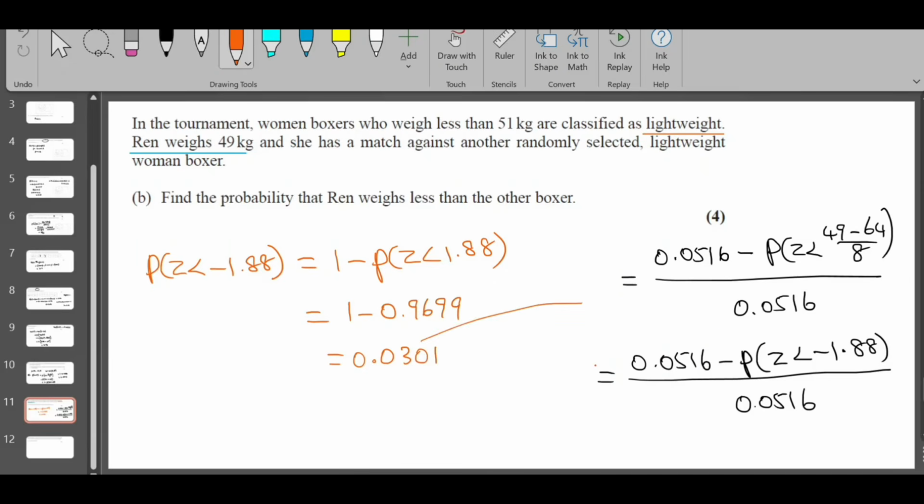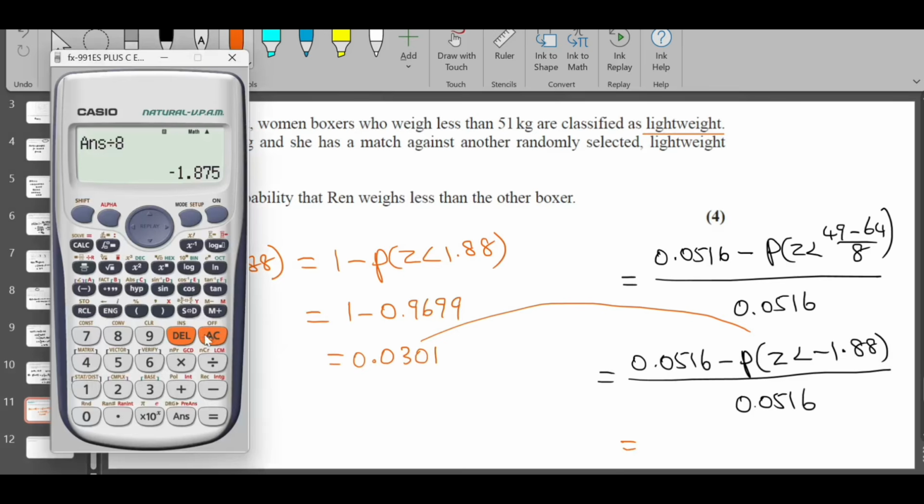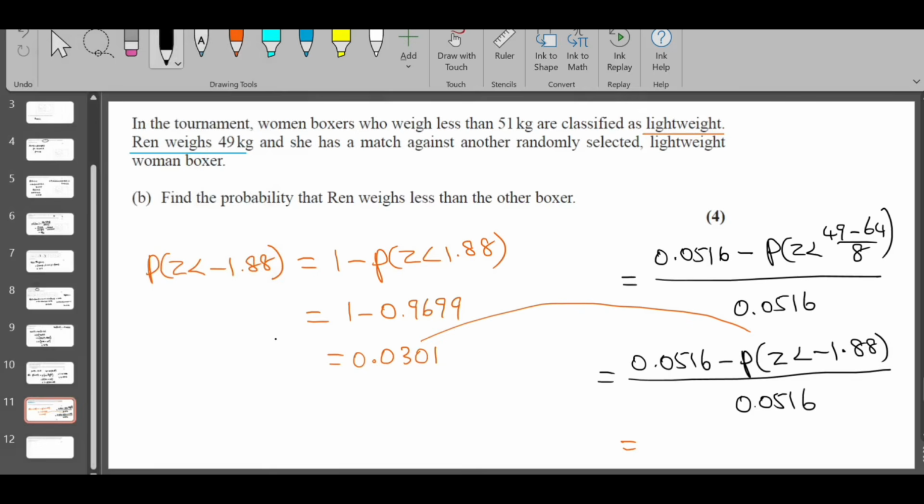Sub in the value here and calculate the probability. So it's going to be 0.0516 minus 0.0301 over 0.0516. So the answer is 0.4166... If you round it to 3 significant figures, 0.417.